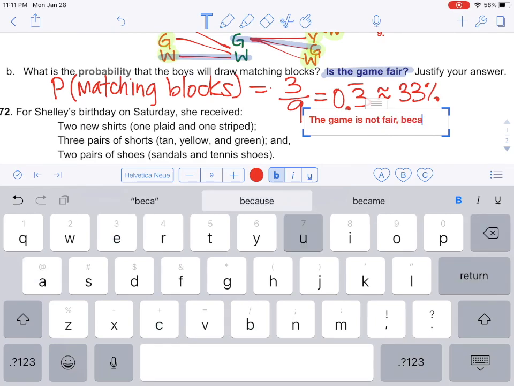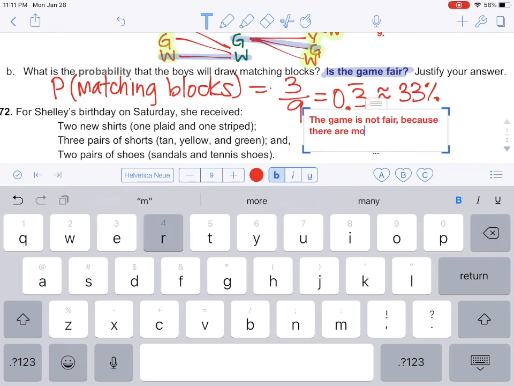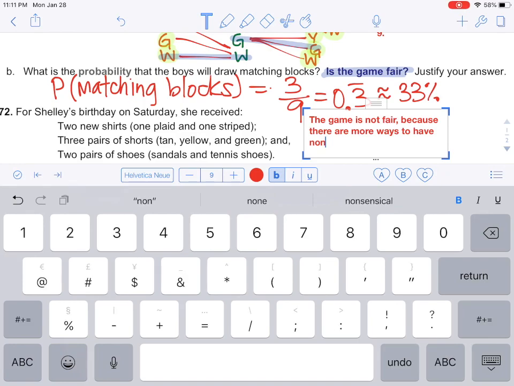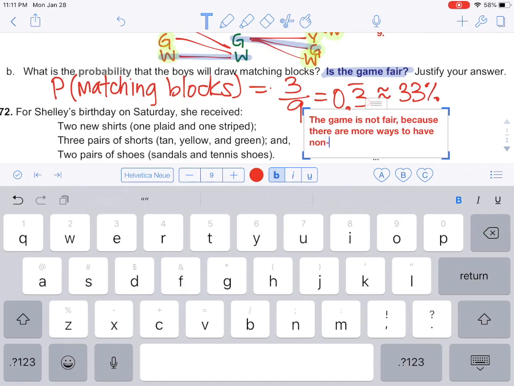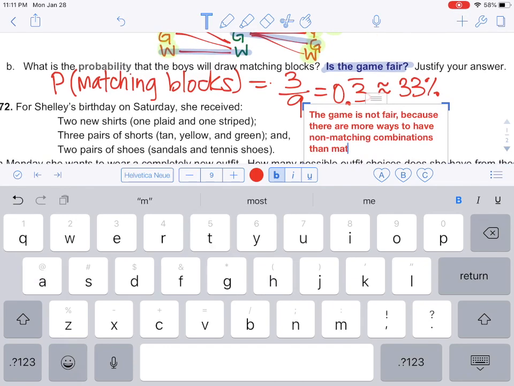Because there are more ways to have non-matching combinations than matching combinations.